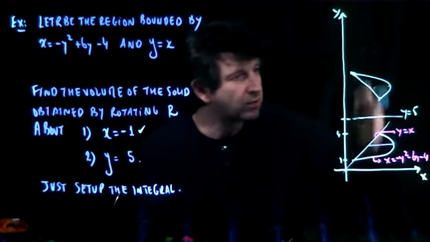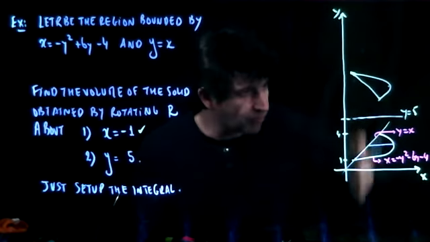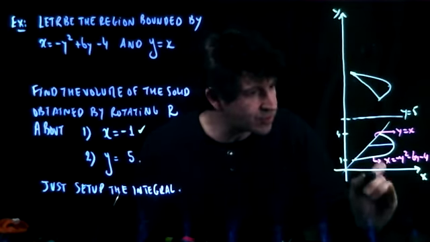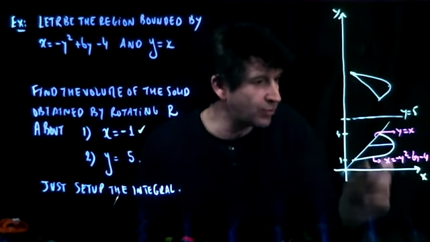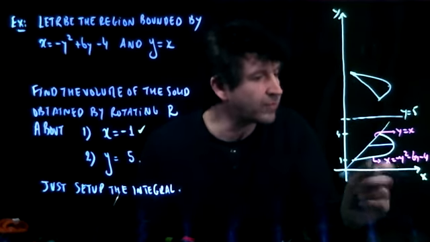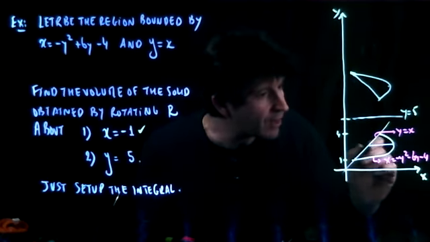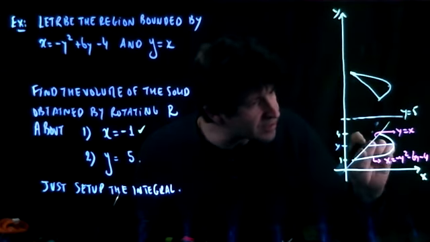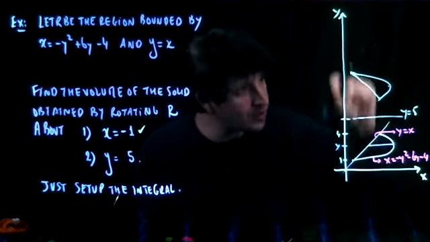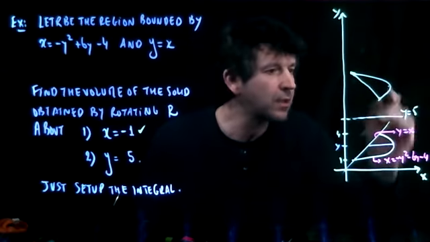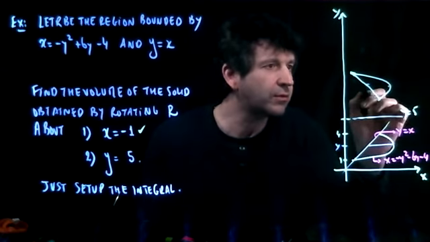If I do a washer, then I'm putting a cross section here, and I have to express everything in terms of x, because my delta x will be the thickness of the washer. Here, if I'm putting a y here, my thickness is a delta y. My layer has a very thin thickness that I'm rotating, and it's going to appear here.